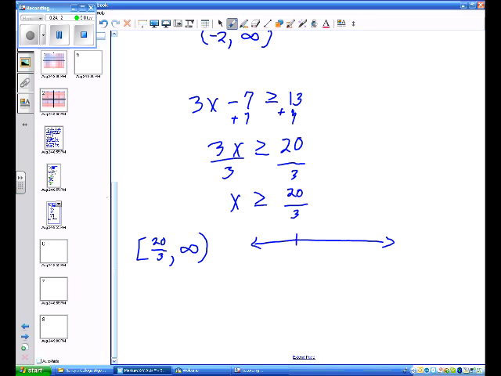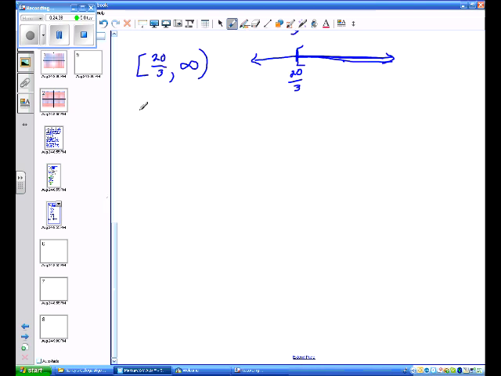We start at 20/3 and we use the square brace and we're going to positive infinity. We're talking about all the numbers that are greater. So that would be how we would graph it. You don't need to worry about putting a lot of numbers on your number line, just the ones that are part of our solution.